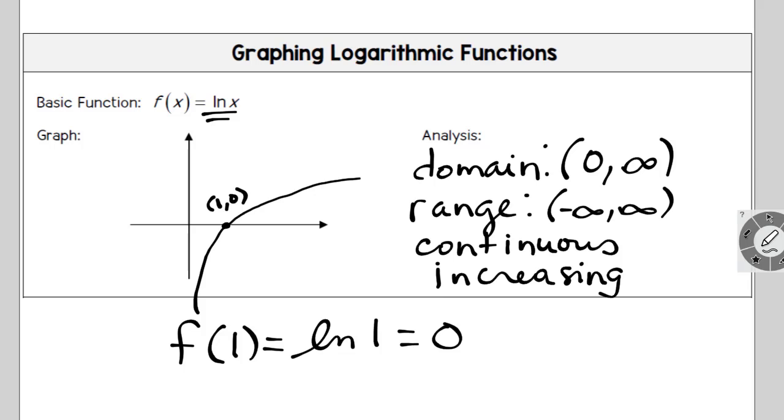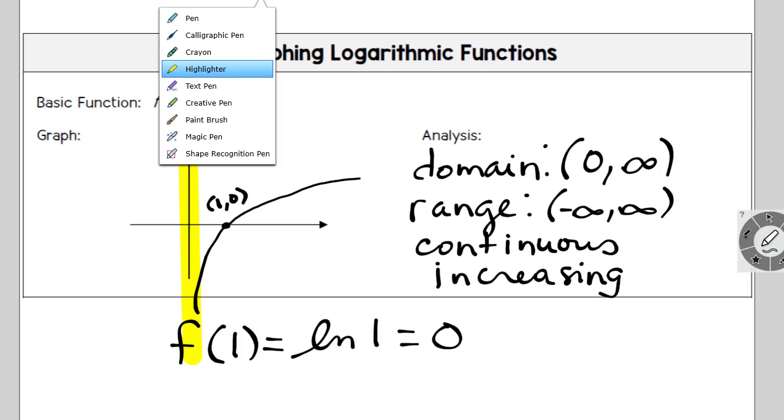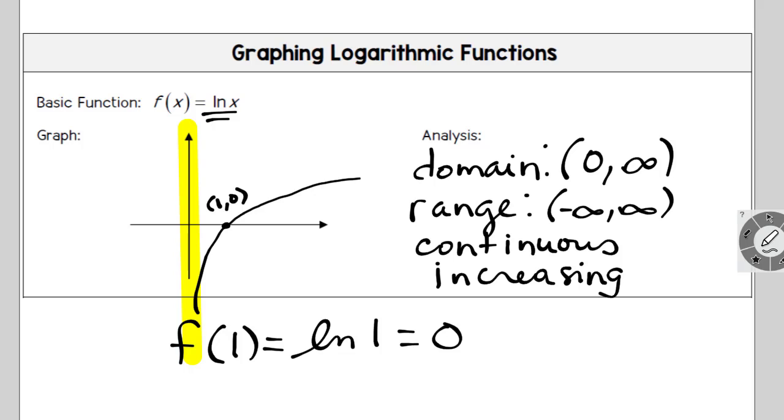We do have an asymptote. Our y-axis is an asymptote. It's never going to cross the y-axis. What's the equation for the y-axis? x equals 0. Very good. So there's an asymptote at x equals 0.